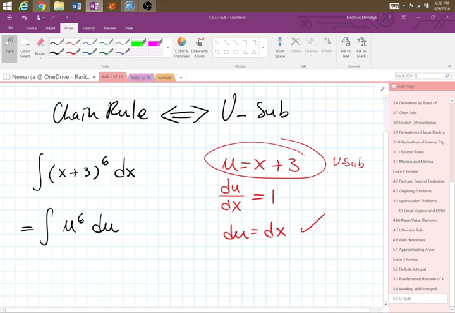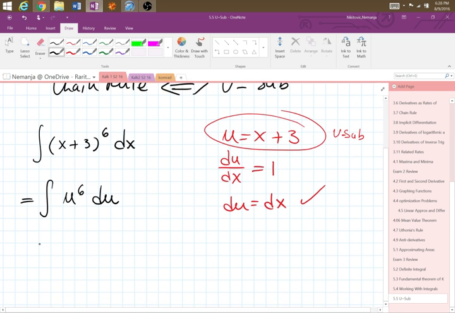So now we go and see it's u to the 7 over 7 plus c. But the problem is that you have the answer in terms of u. The problem is posed in terms of x, which means that you have to go back and convert it back.